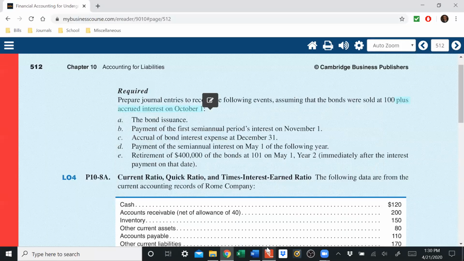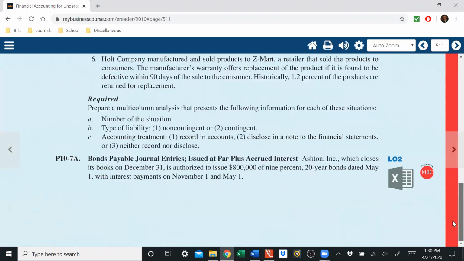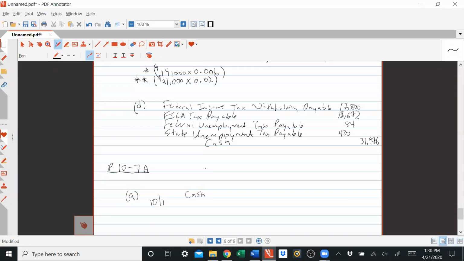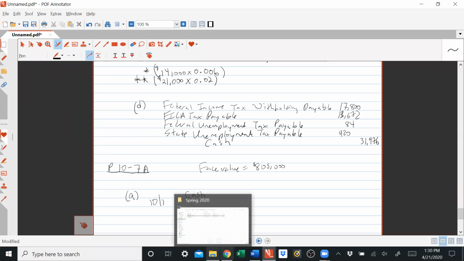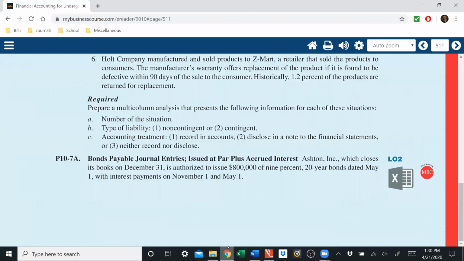So we know we're going to get the face value plus accrued interest. The face value was 800,000. So let's write this information down here so we don't have to keep switching pages. Face value, 800,000. Stated interest rate, 9%, says right here.